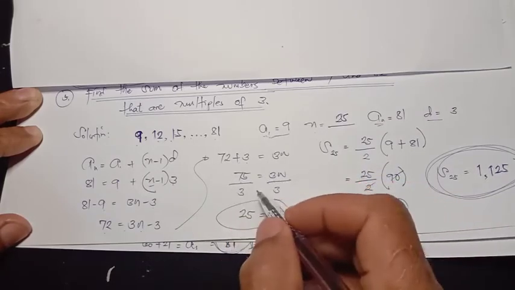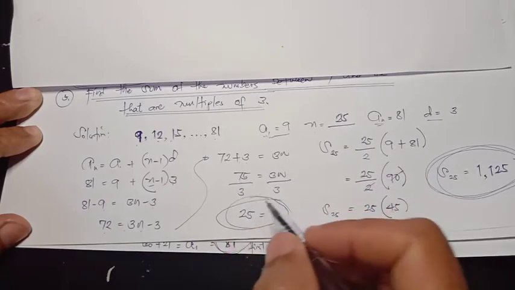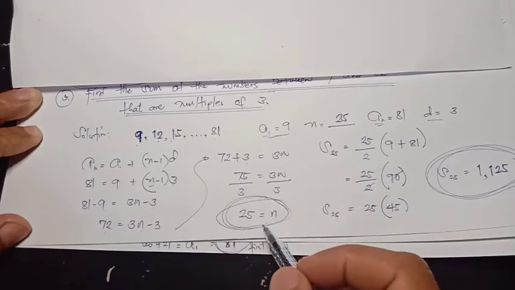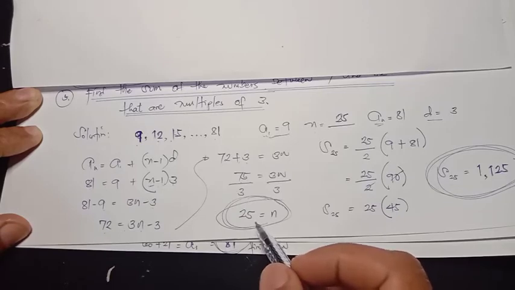Divided by 3, divided by 3. So n is equals to 25. So there are 25 terms from 9 to 81 which are multiples of 3. So now let us find the sum of the multiples of 3 from 9 to 81.